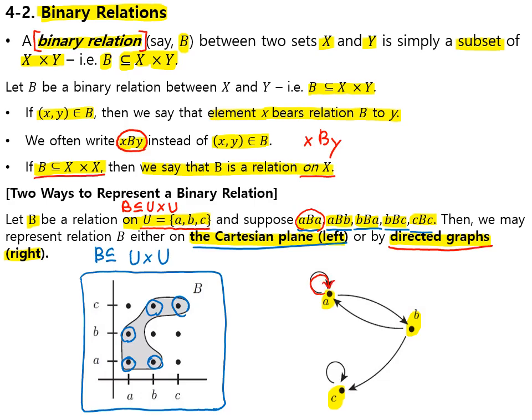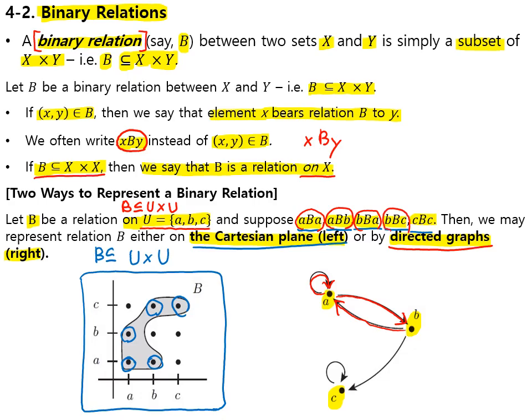This arrow here represents that A is related to A. This arrow here, which connects A to B, represents the fact that A is related to B. And this arrow here represents the fact that B is related to A by the binary relation B, and so forth.